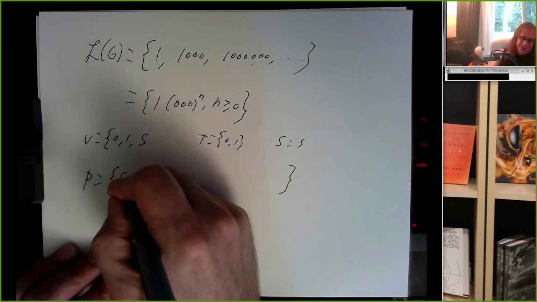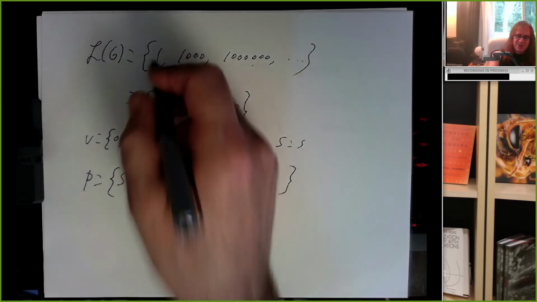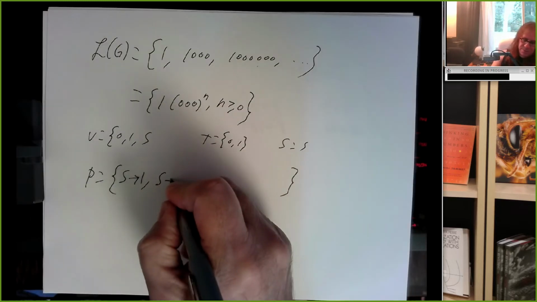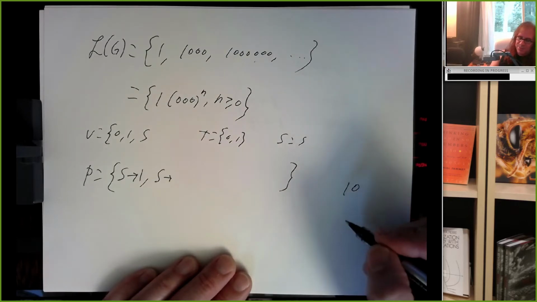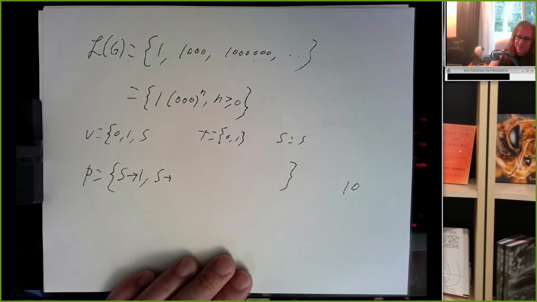Alright, so somebody said S goes to 1. That's definitely part of the production rules because we want to be able to recognize a single 1. S goes to 10 wouldn't be quite right because 10 is not part of this language.